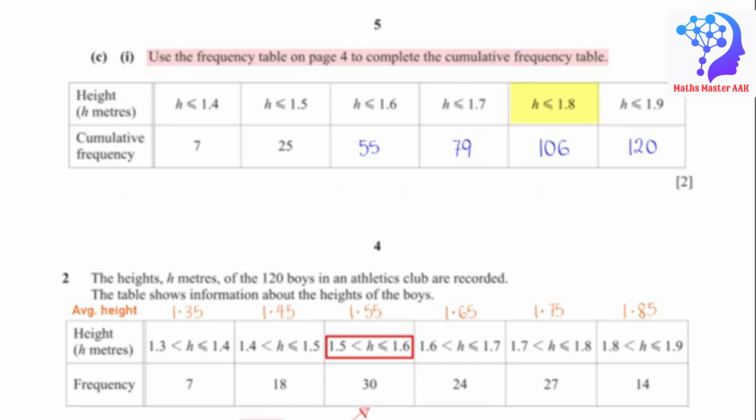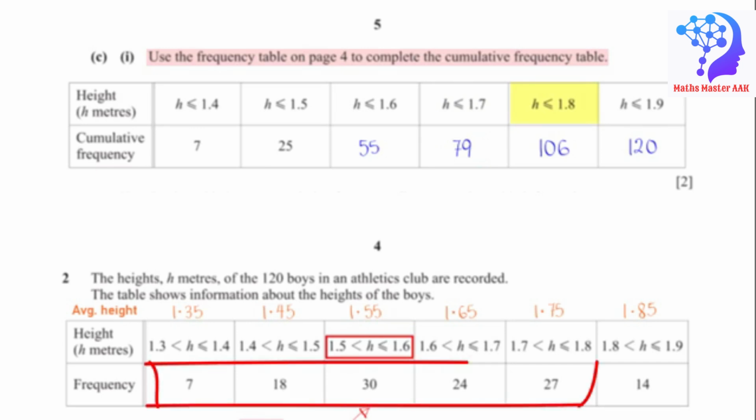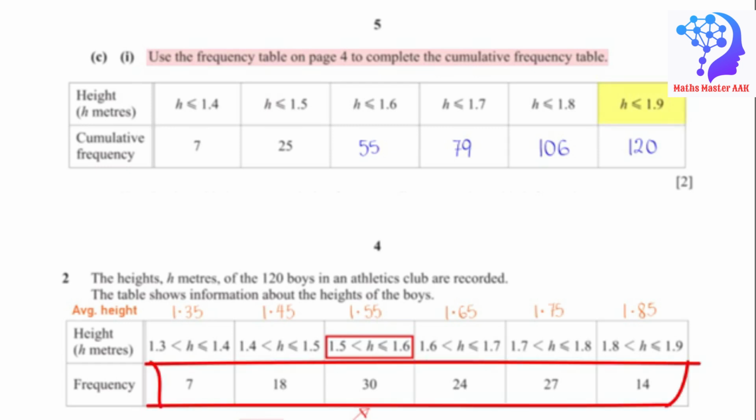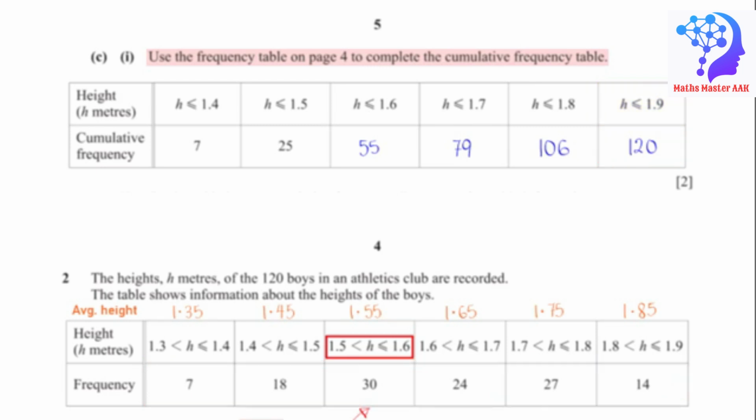For less than or equal to 1.8, we have 7 plus 18 plus 30 plus 24 plus 27 giving us 106. For less than or equal to 1.9, we have 7 plus 18 plus 30 plus 24 plus 27 plus 14 giving us 120.